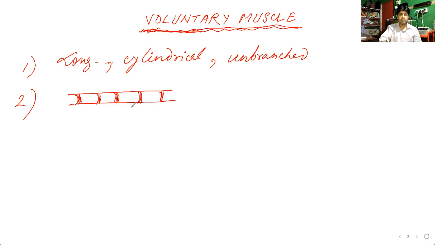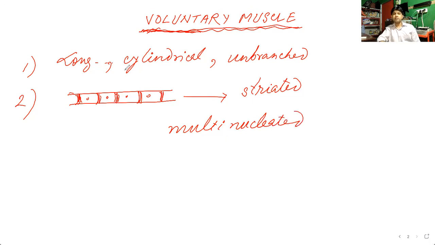This is the reason why they are also said to be striated muscles. And you will observe that in this type of cells, more than one nucleus is there. So that means they are multi-nucleated.